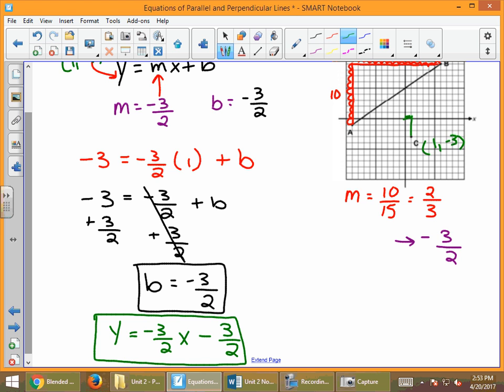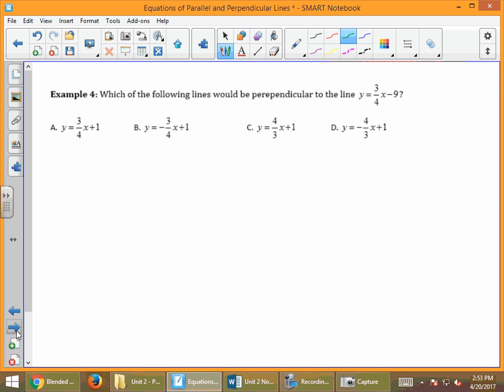One more example. In this one, it says, which of the following lines would be perpendicular to the line y equals 3/4 x minus 9? In this one, we don't have to do as much work because we can determine if lines are perpendicular just based off the slope.